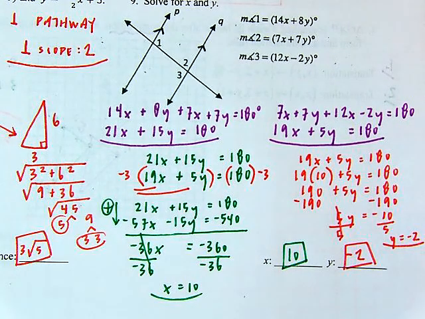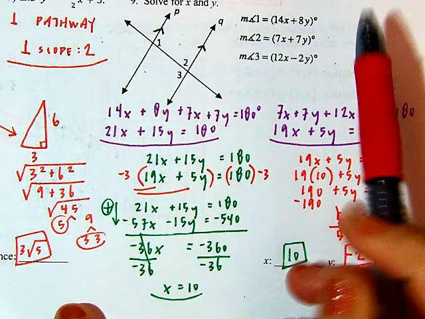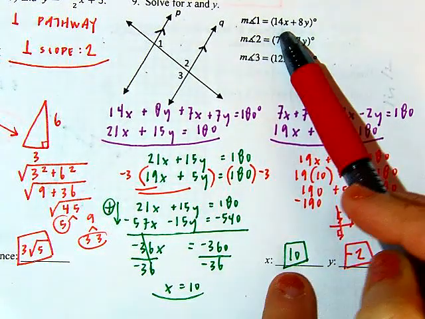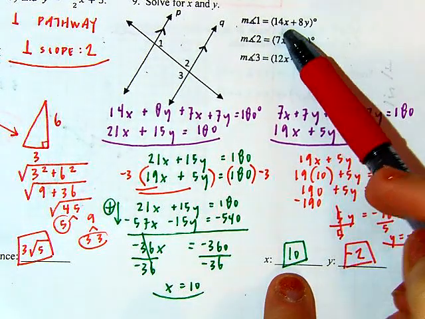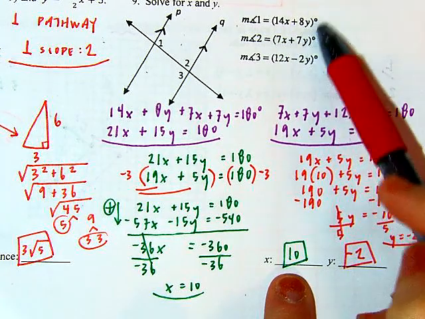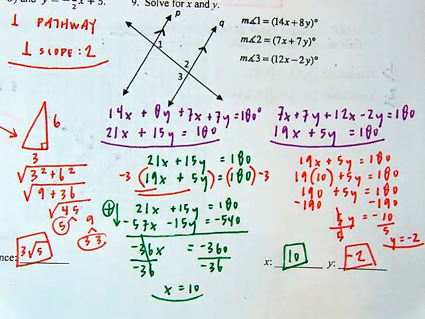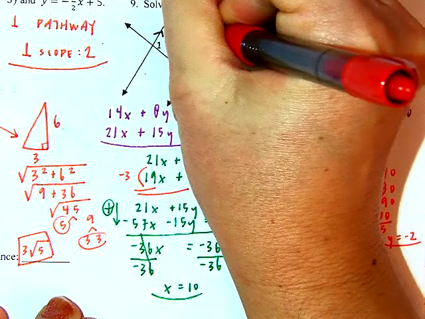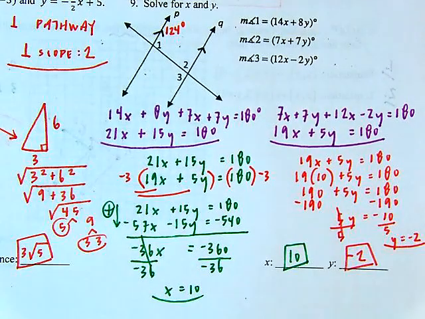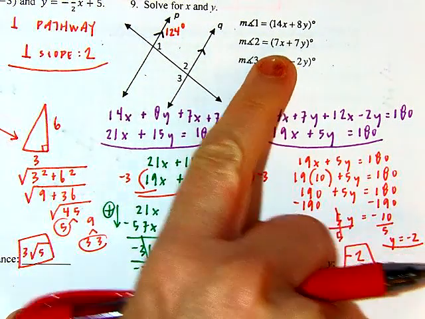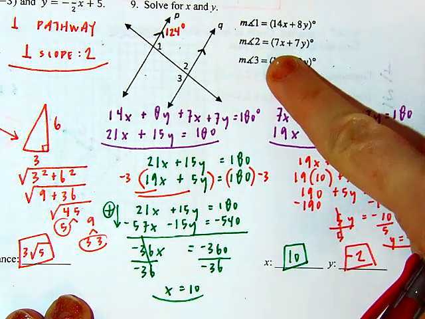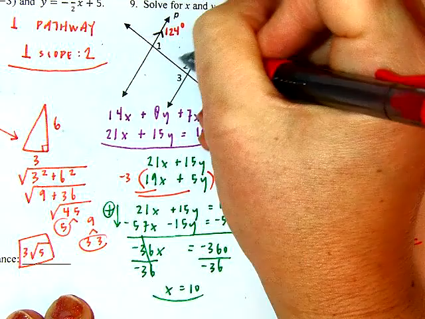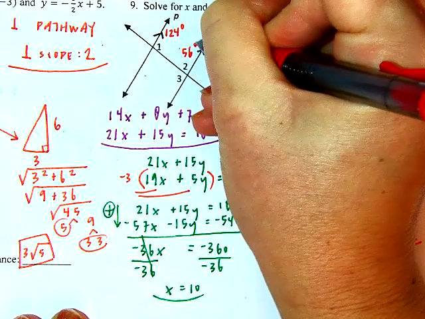If I go back to my expressions and plug in, 14 times 10 is 140, and then minus 16 gives us 124 for this angle, so 124 degrees. 7 times 10 is 70, and then minus 14 gives me 56 for this angle, so 56 degrees.